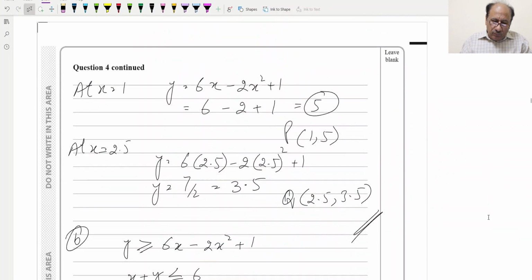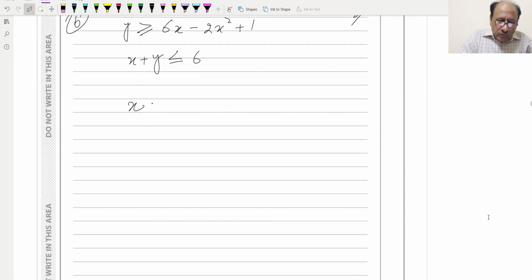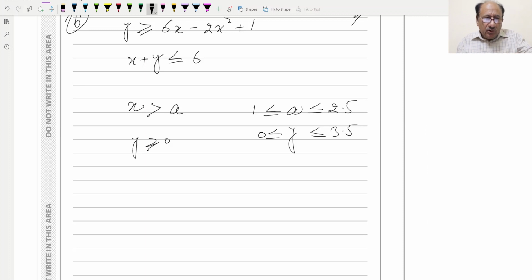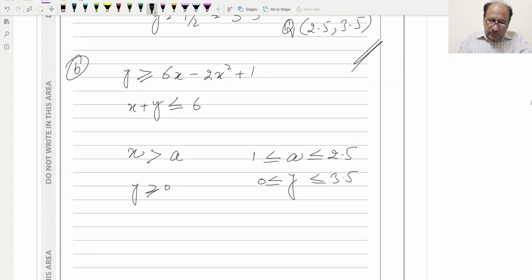So x should be greater than or equal to 1 and less than or equal to 2.5, and y should be greater than or equal to 0.